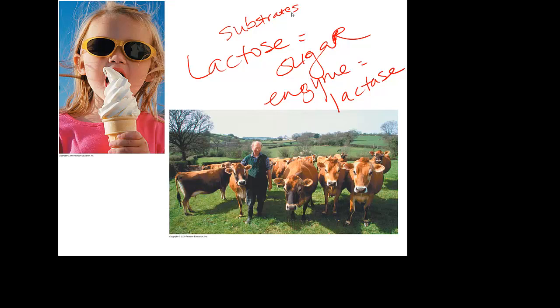Now, we'll talk more later about what it actually means to be lactose intolerant, but the general idea is that we look at lactose as being an important sugar when you're young. So why is it that as you get older, you no longer are able, in many cases, to break down that lactose as well?